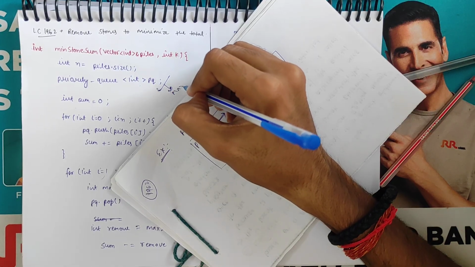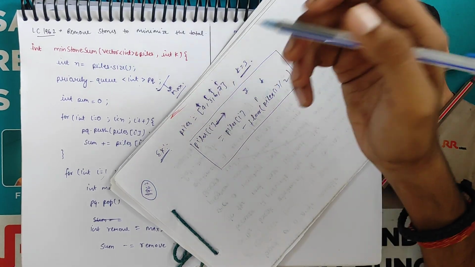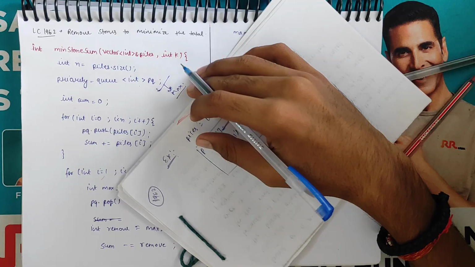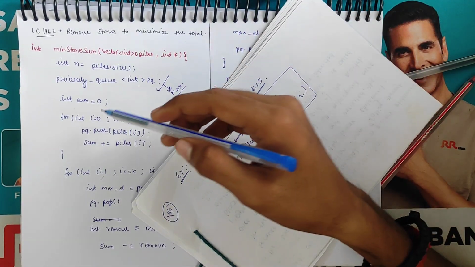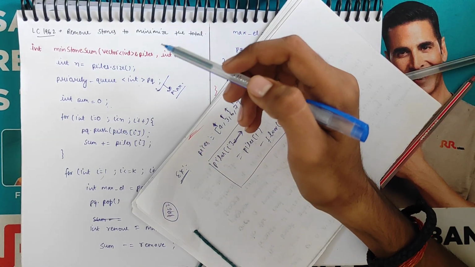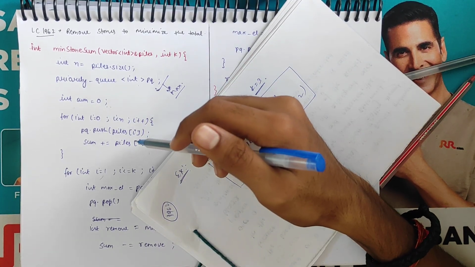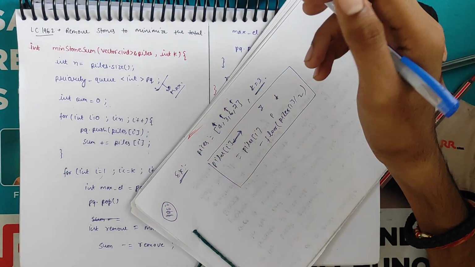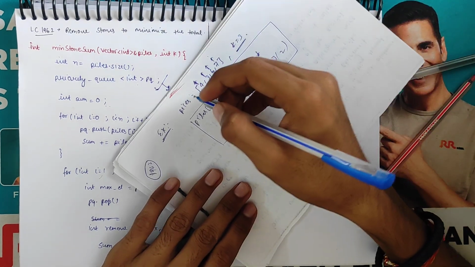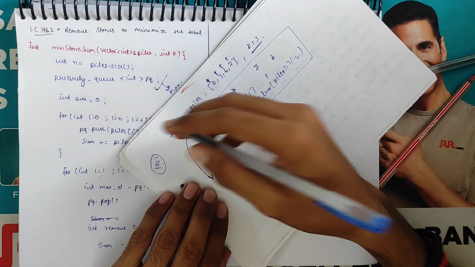When we define a heap in C++, it's already a max heap. We initialize another variable sum, and first we iterate over the whole array to push every element into the max heap. So let's run this example over that code.